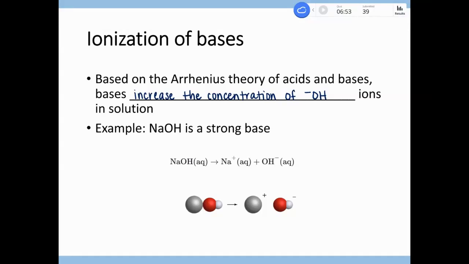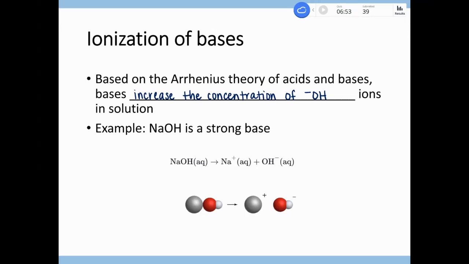So NaOH is a strong base. It fully dissociates, as we saw in the last slide, into Na+ and OH-. This OH- is the key part. The cation can change. We'll see that in our list of strong bases. But having that OH- ion is what makes that a base.